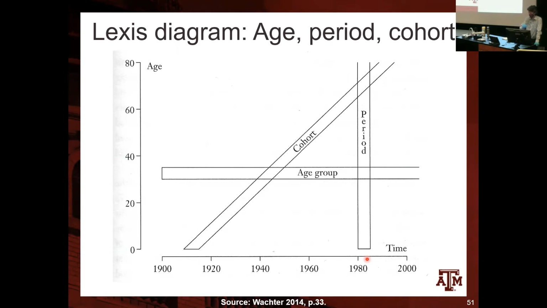Why is it called cross-sectional? If you think of the cohorts as different sections of people getting older together, this period data crosses a lot of different sections, a lot of different cohorts. So period data is also referred to as cross-sectional data.